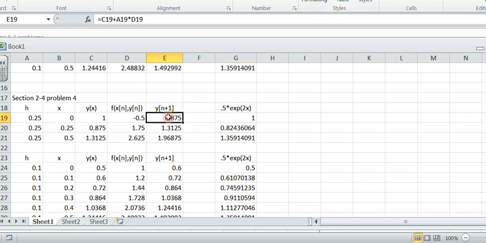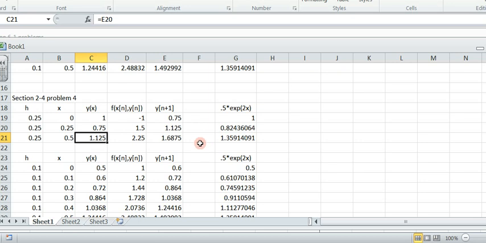Okay, that doesn't look good, because we want C19 there. Yeah, that looks better. Now those are right. Okay, so everything is now correct.